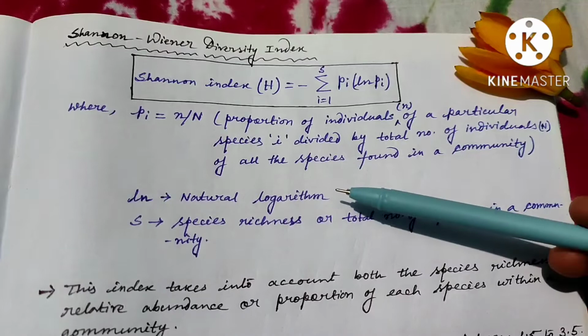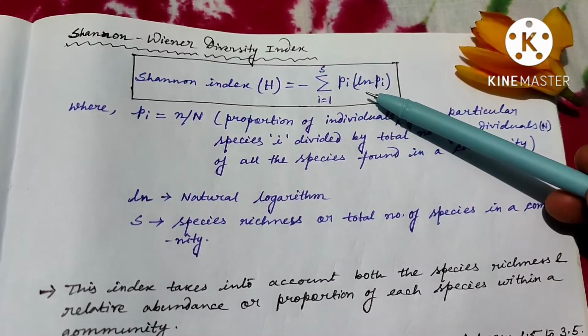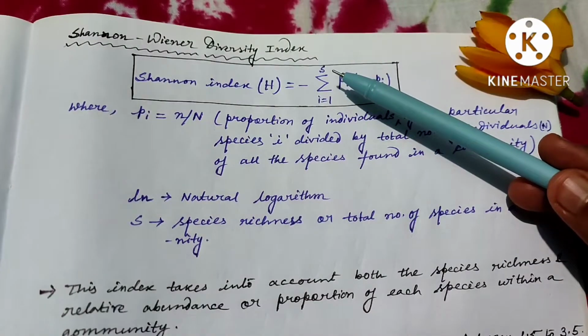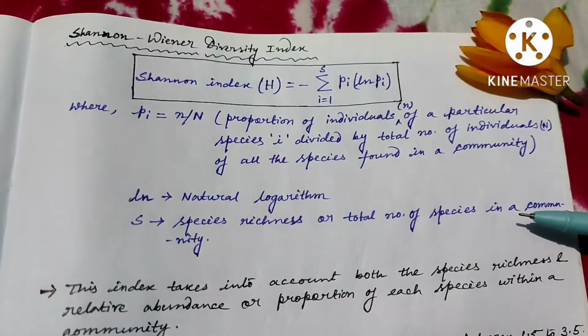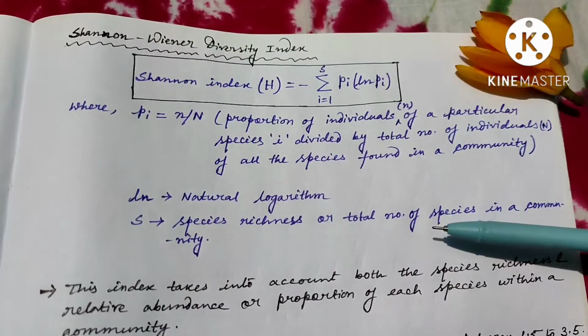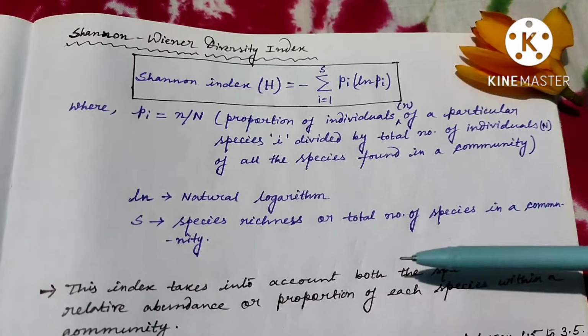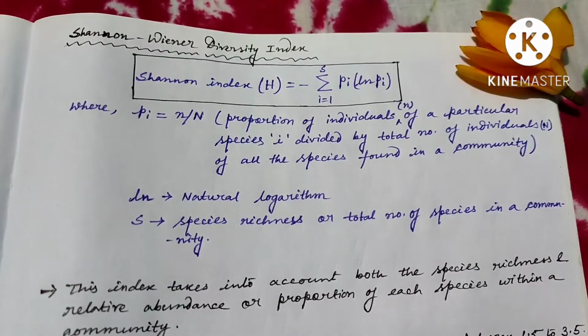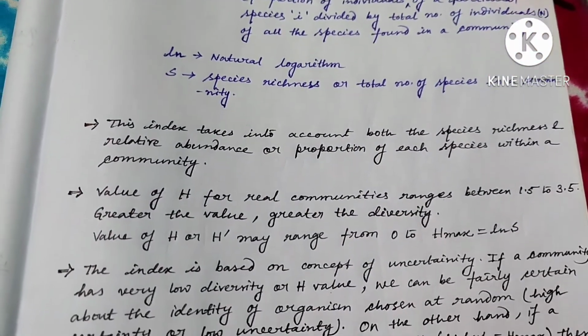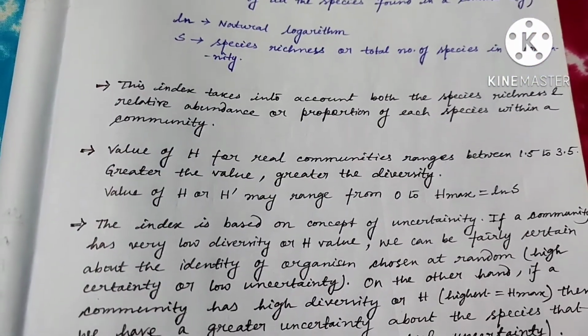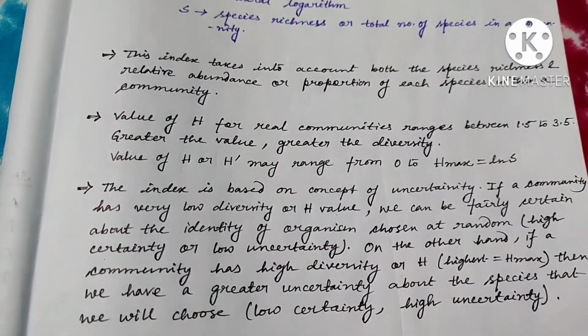ln is the natural logarithm, and I have already told you that s is the species richness, or total number of all the species in a community. Now let us take a look at some important points of the Shannon Weiner diversity index. What are those?